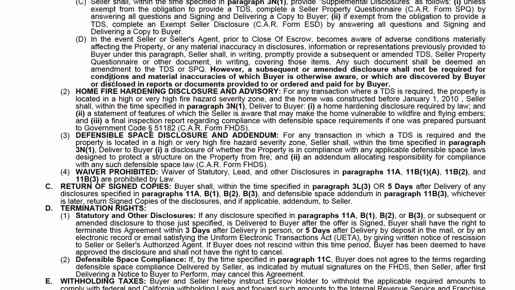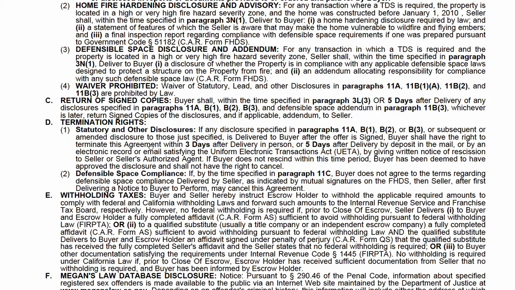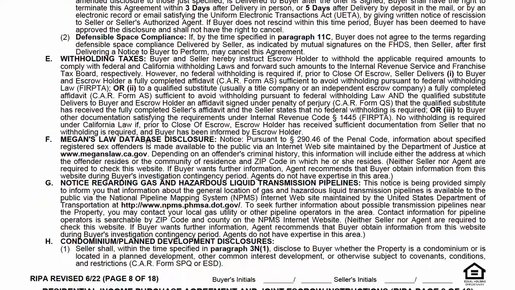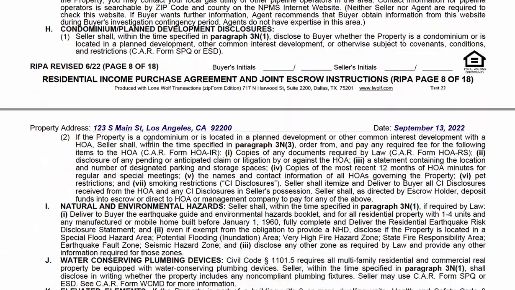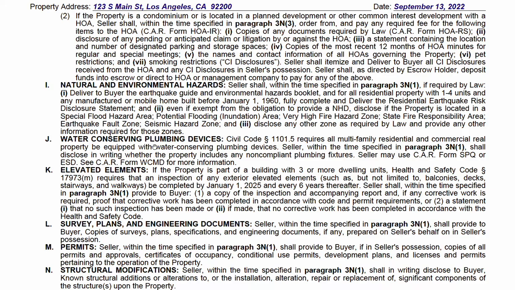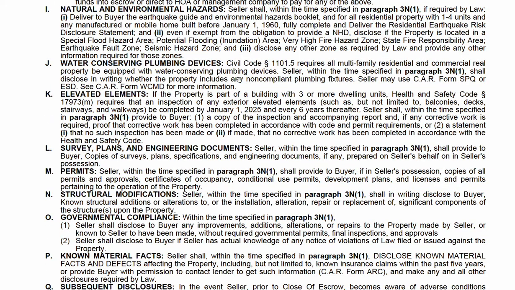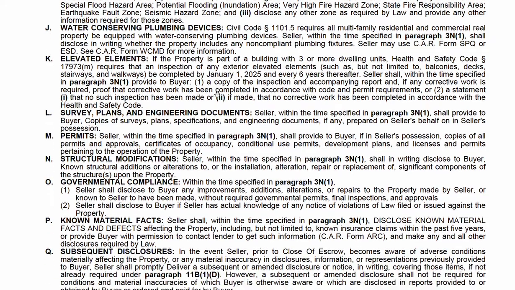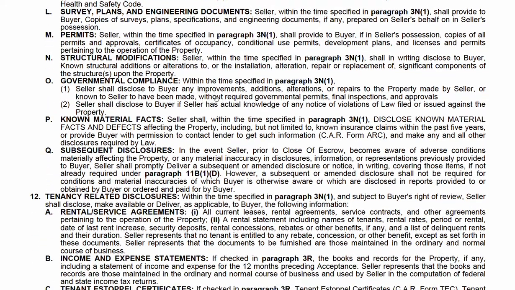You know, a lot of these are advisories that relate to disclosures that'll come up later too. A lot of disclosures and advisories. Yeah, water conserving plumbing devices. There's a form, the WCMD, water conserving plumbing fixtures, that will address this when disclosures are done.